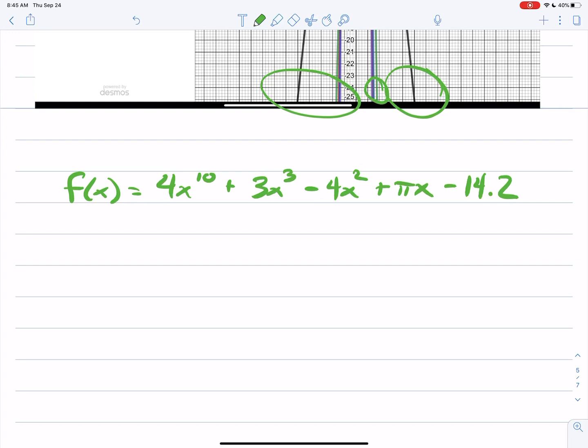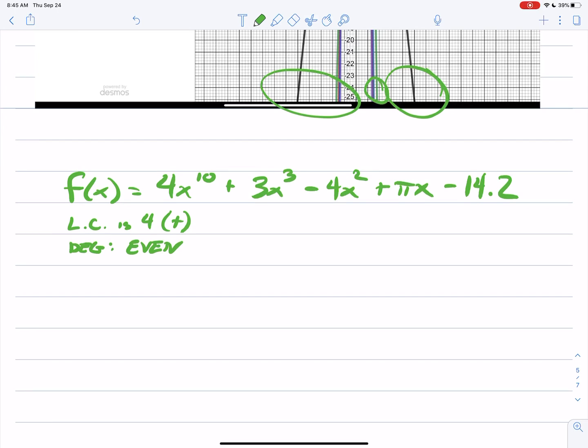You may not know how to sketch this by hand, but you should know what the end behaviors are. Okay? So knowing that the leading coefficient is 4, which is positive, okay? And knowing that the degree is even, you should know what the end behaviors are.